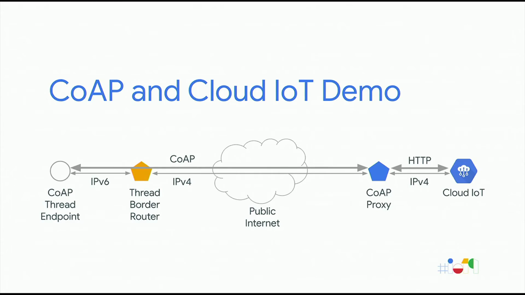So let's see how we can build a CoAP endpoint that communicates with IoT Core. Now, as with the MQTT example, Thread support for IP makes it possible to communicate securely end-to-end. But compared to the MQTT example, one difference is the introduction of the CoAP proxy that Calum was talking about.